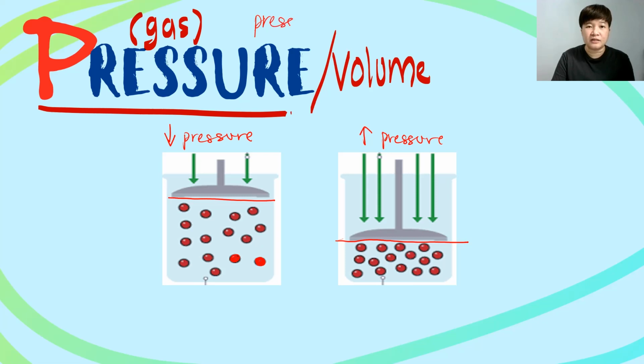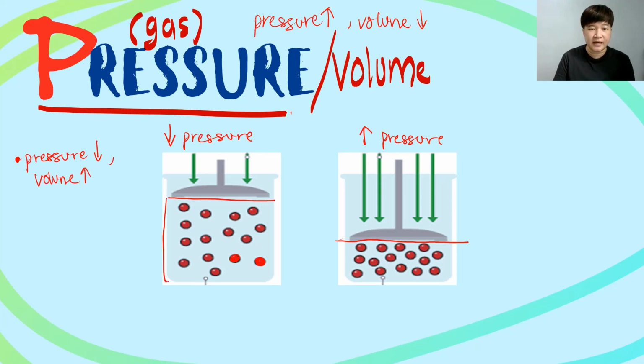When the pressure is very high, automatically the volume will be very low. On the left-hand side of the beaker, my pressure is extremely low, very low pressure. Automatically, the volume is extremely high. Can you see? This is the area where my particles are located.